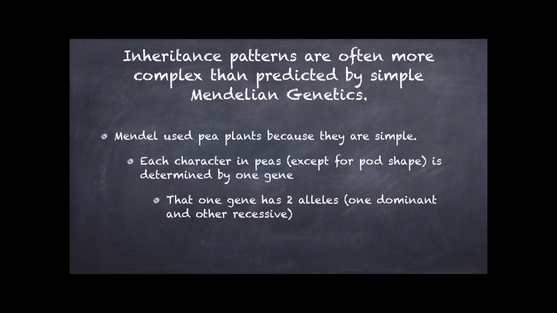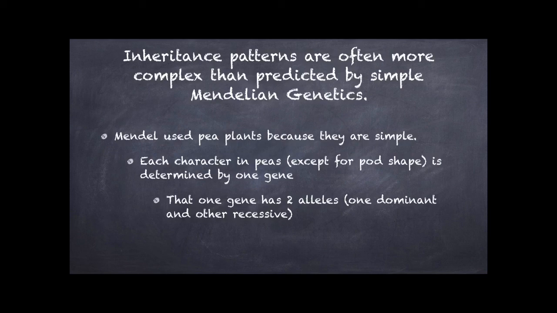Okay, so when Mendel was using his pea plants, the main reason he used pea plants was because they're simple. They are easy to mate, they're easy to reproduce because they make a lot of offspring. They don't have a huge amount of variation, and they're easy to control.